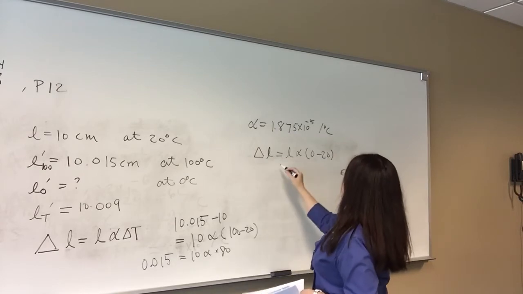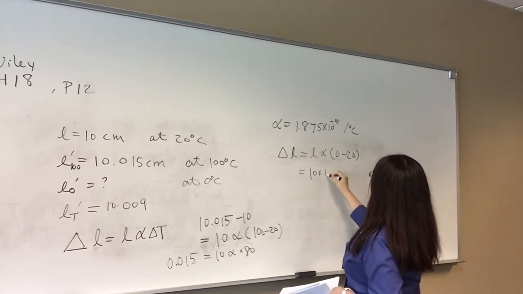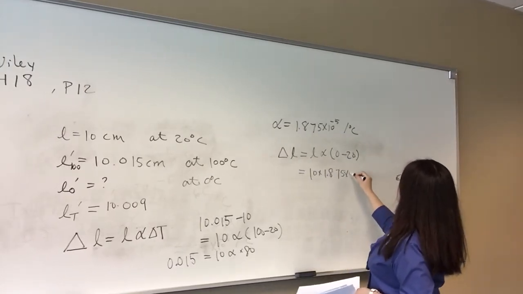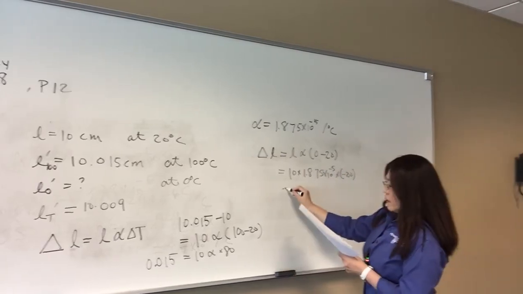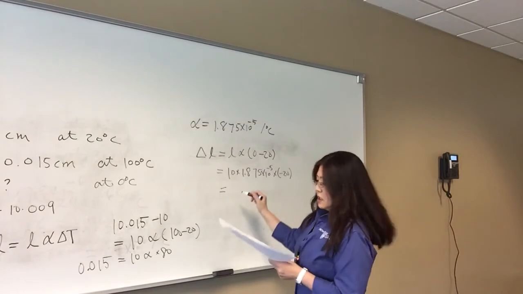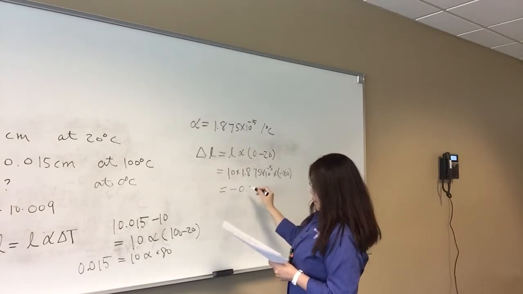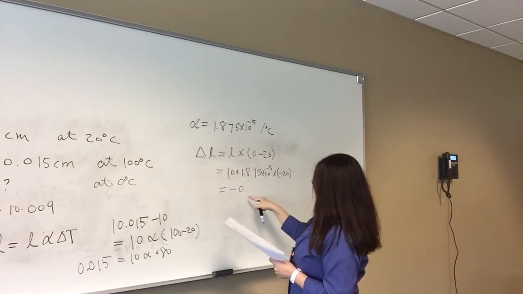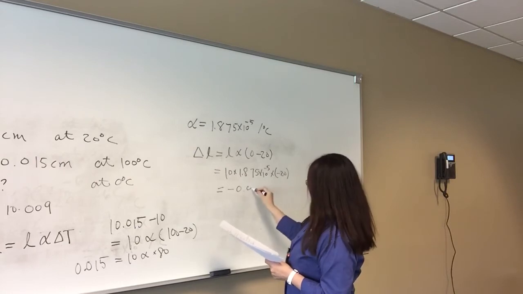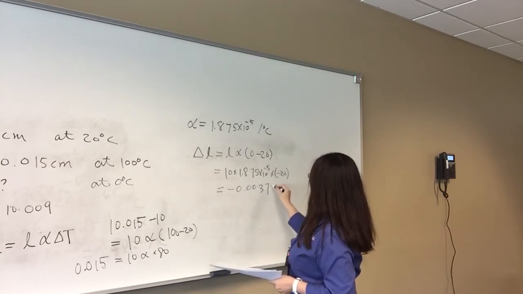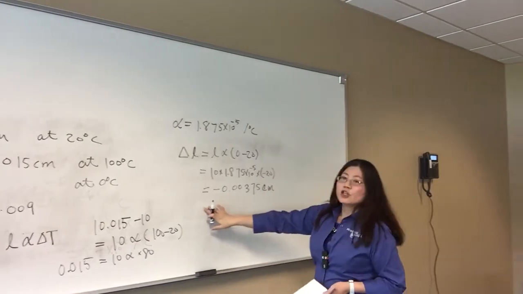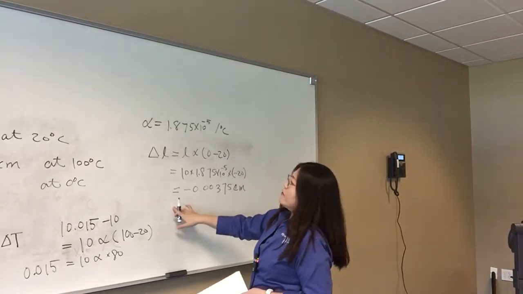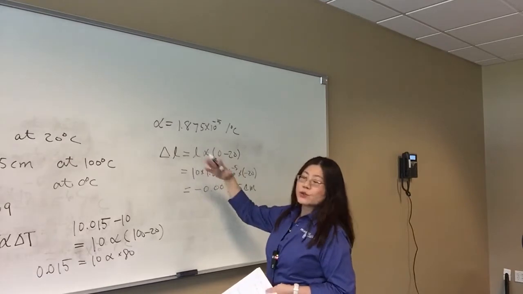So you have the 10, times 1.875 times 10 to the negative 5th, times negative 20. So your delta L, you will get negative 0.00375 centimeters. This is the change in length when the temperature changed from 20 to 0 degrees.